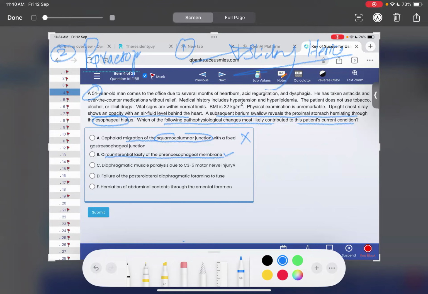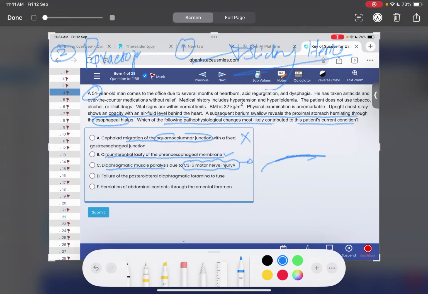What about diaphragmatic muscle paralysis due to C3 to C5 motor injury? What do you think over here? It's the phrenic nerve injury, but the patient will be asymptomatic. Why? The diaphragm is not working properly, but there is another nerve supply, the intercostal nerves.